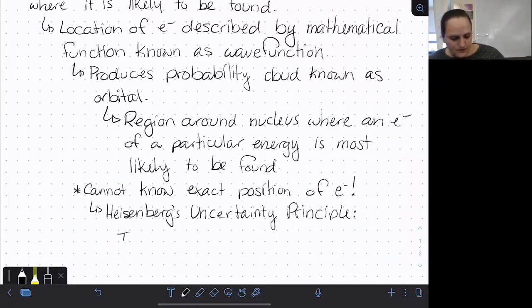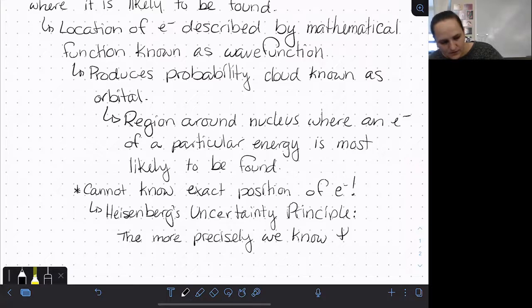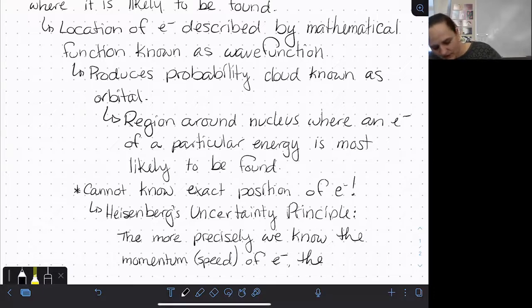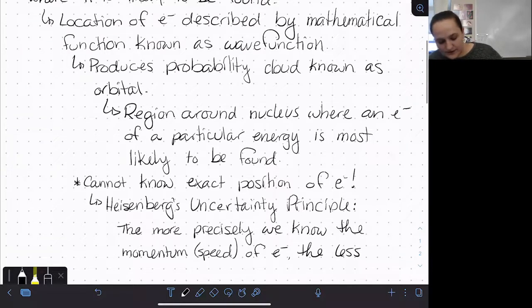Which essentially says that the more precisely we know the momentum, aka the speed at which a particle is traveling, the less precisely we can know its position.